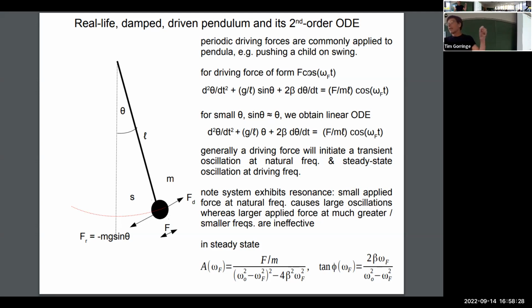It oscillates sinusoidally with some frequency I'm going to call the frequency of the driving force, omega f. This is not necessarily the natural frequency of the pendulum, nor the damped frequency of the pendulum. It's a frequency you choose when you set up the driving force.